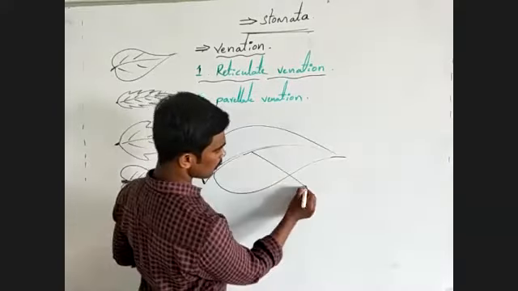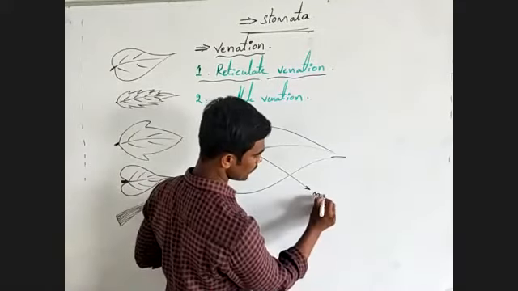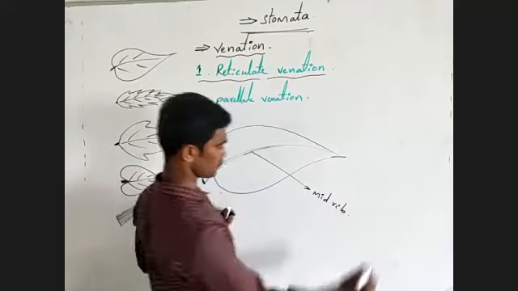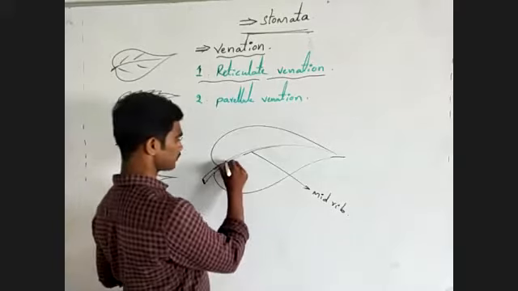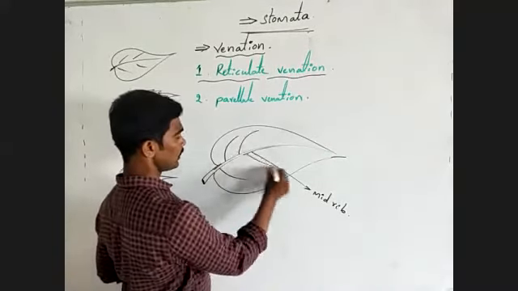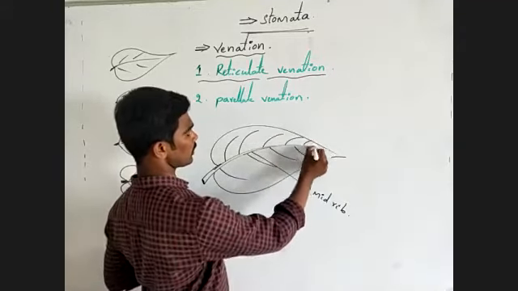This large vein is called the midrib. From the midrib, here and there, some lateral veins are developed.